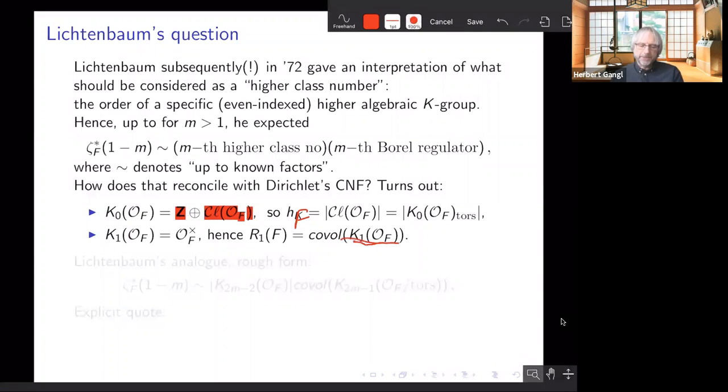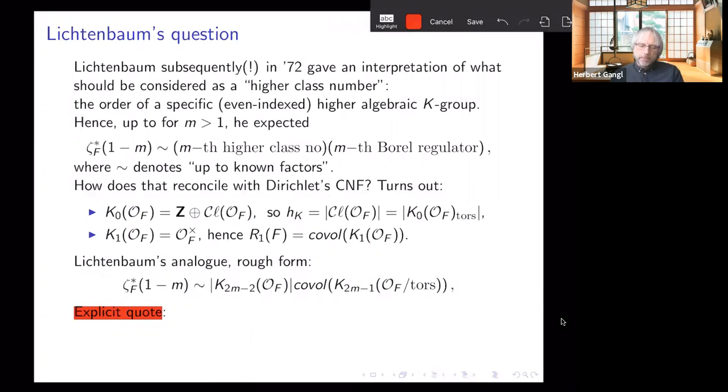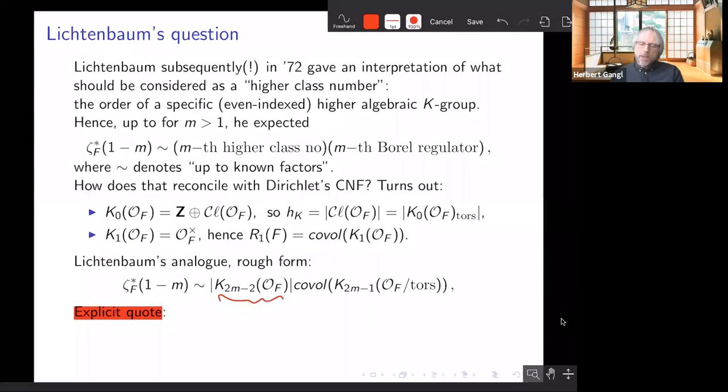So therefore we can rephrase it as zeta F star of 1 minus m being roughly the product of the size of the K group K2n minus 2 of OF and the size of K2n minus 1 of OF. Well, we divide by the torsion here to guarantee a nice map into a lattice, but essentially K2n minus 2 size times the size of K2n minus 1 is what we should keep in mind.